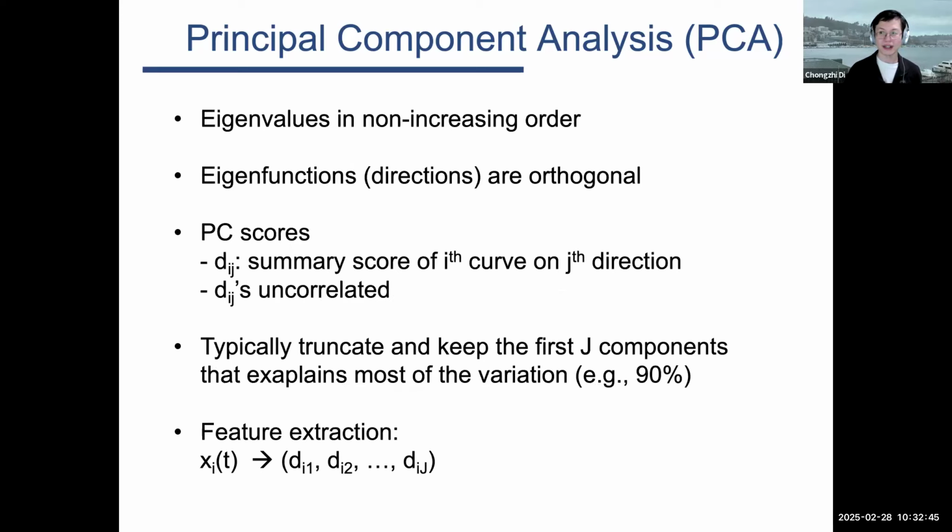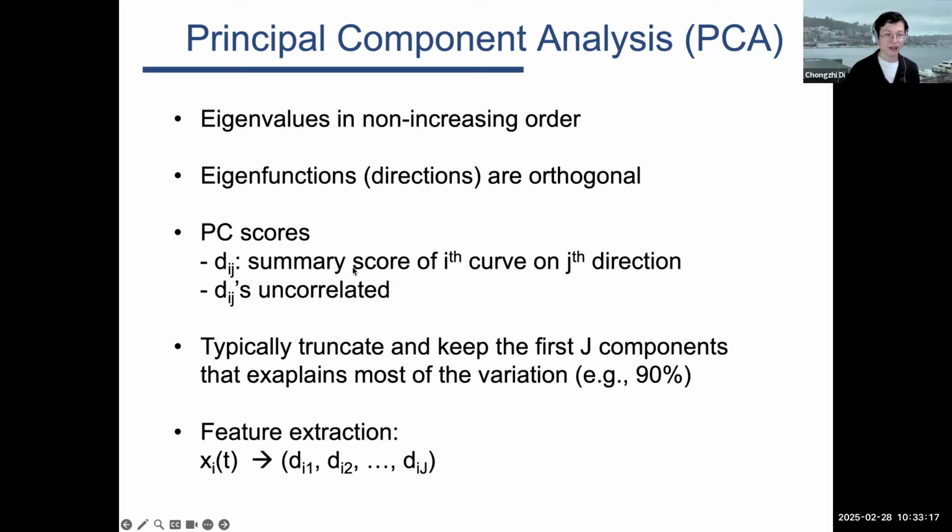And as I mentioned earlier, the eigenvalues are in non-increasing order, meaning the first one is always the most important and explains the most variation. The second one explains a smaller amount of variation. So you have this very nice ordering. And then the directions, or eigenfunctions, are orthogonal to each other, meaning that the different features you get will be uncorrelated with each other. That's a very nice property to have.